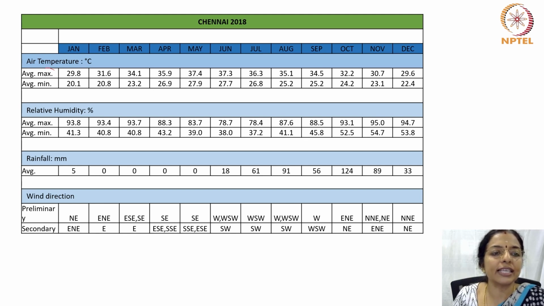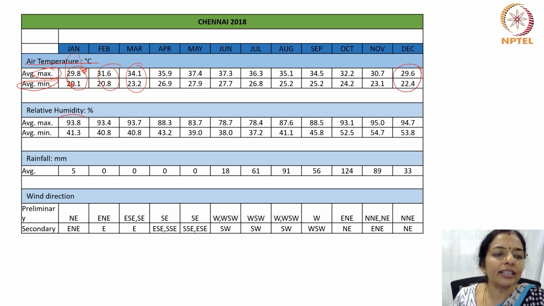So you can see the average maximum, average minimum air temperature is entered like this. I will demonstrate it also in the forthcoming slides. So for January, what is the average maximum temperature? For January, what is the average minimum air temperature? And so on. Like this, you enter this till December.